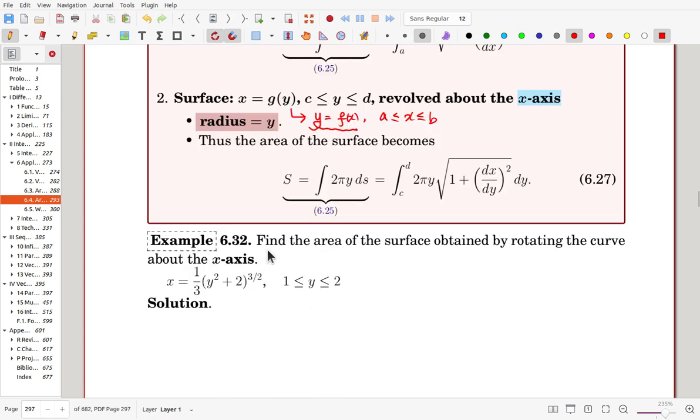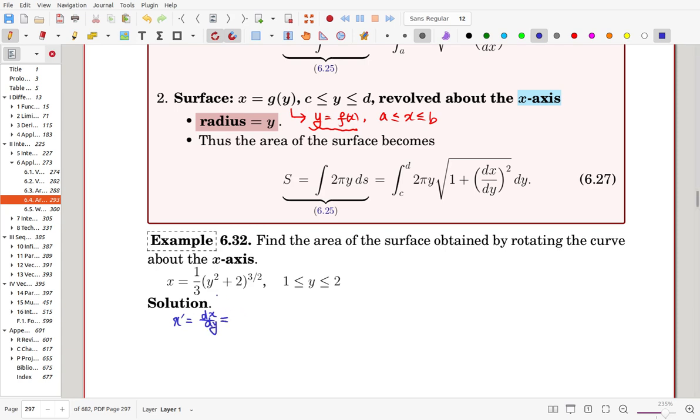Now here we want to find the area of the surface obtained by rotating the curve about the x-axis. That one. Here is the second case. In this case, the radius is y, and then we have to get this portion. So let's do it here. Now x prime, that means in fact this is dx over dy, right?